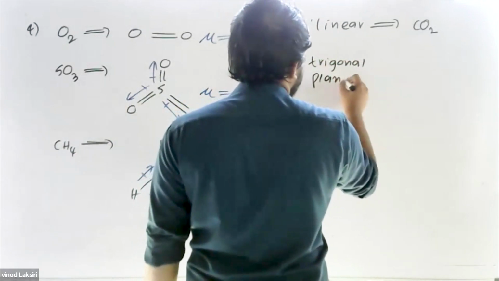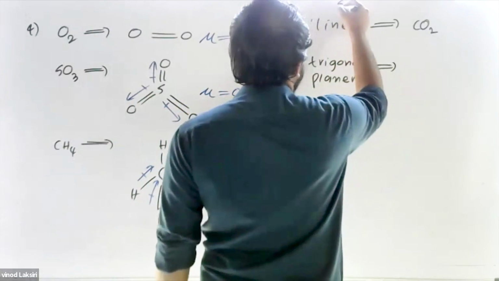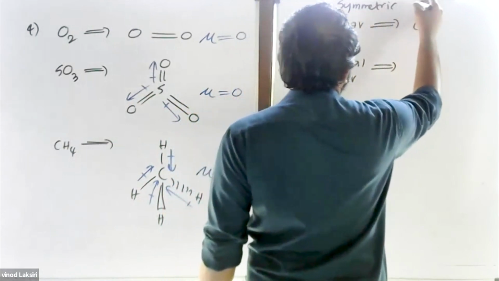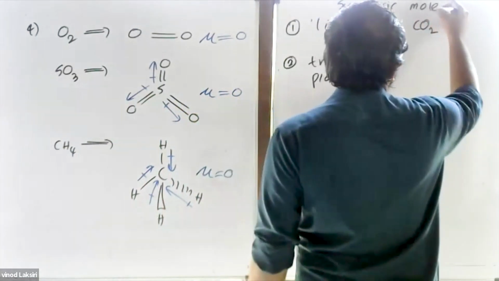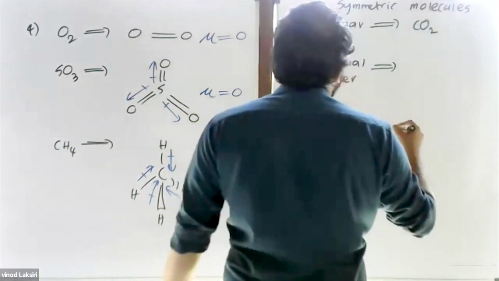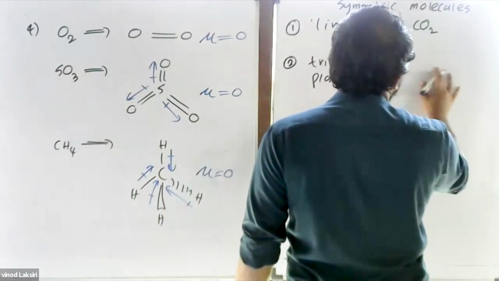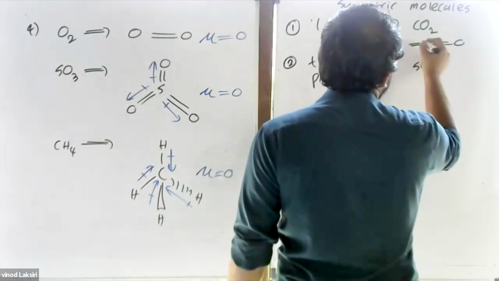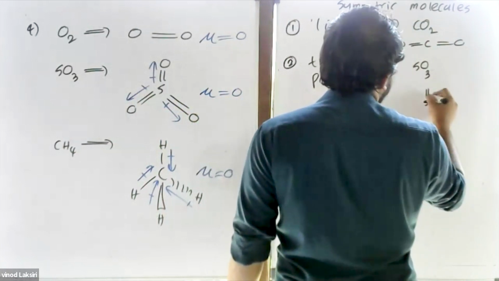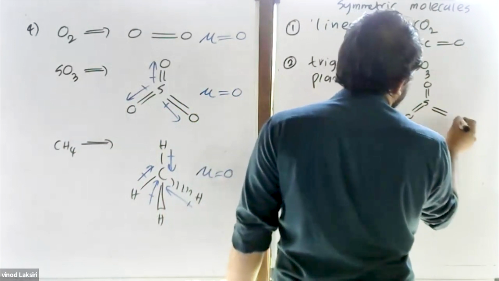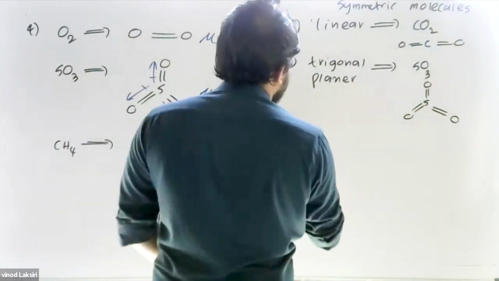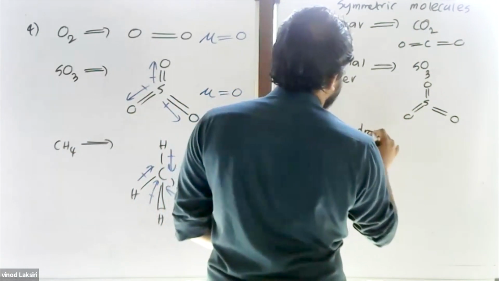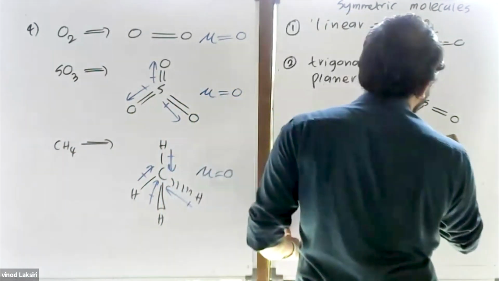So these are known as symmetric molecules. Trigonal planar like SO3. So here carbon dioxide this way, SO3 like this way. Then the third one, tetrahedral, CH4.